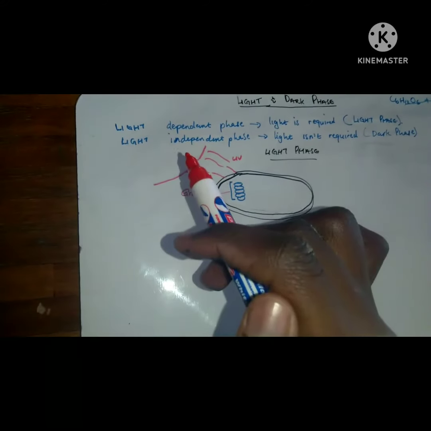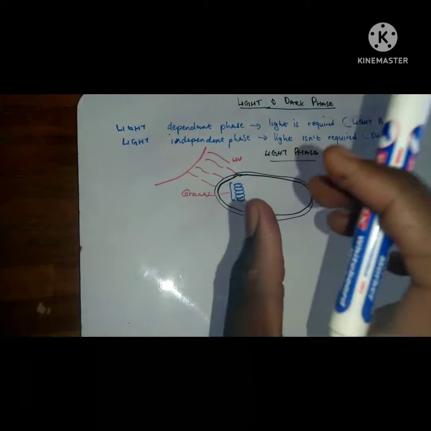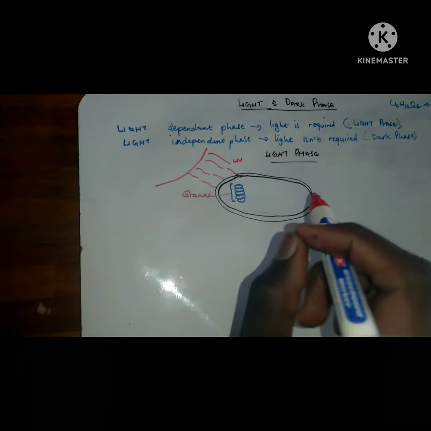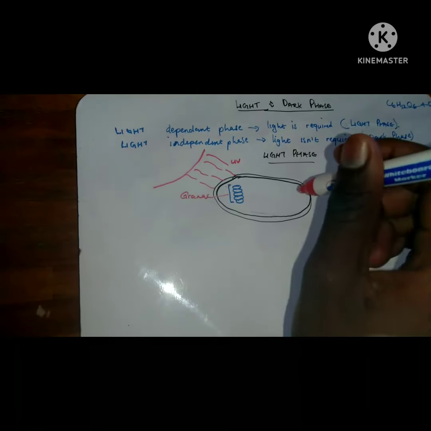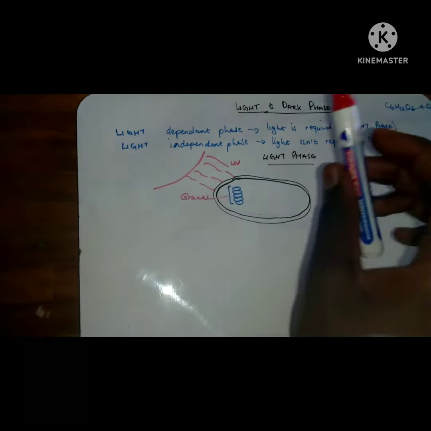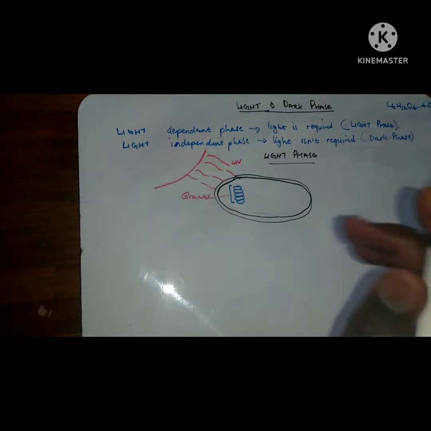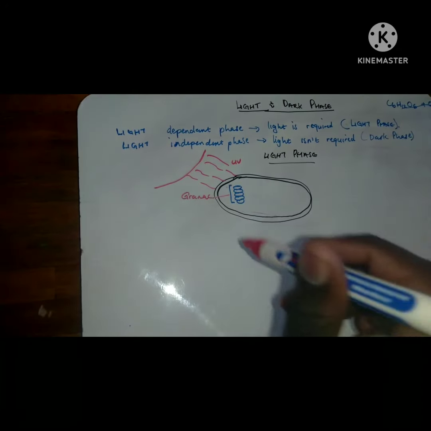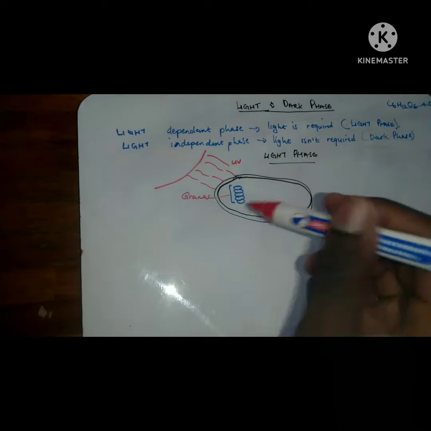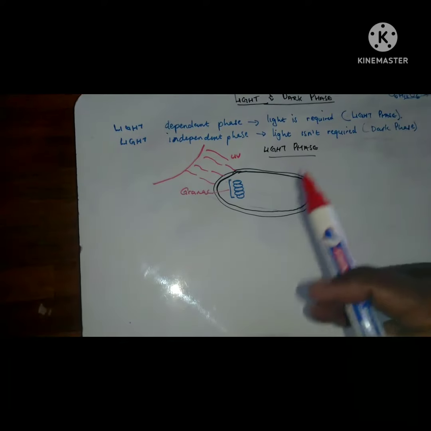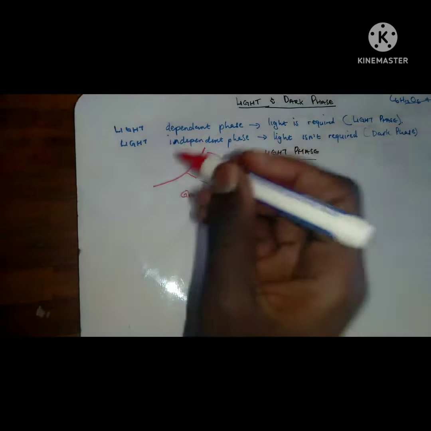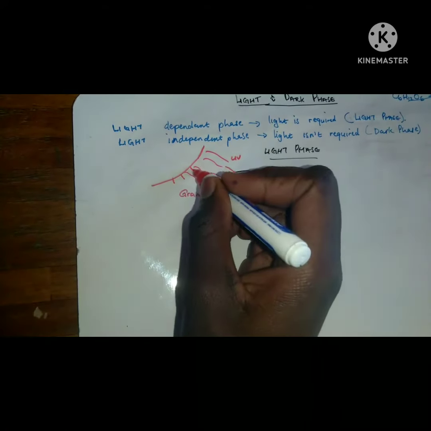So understand this. Whenever they ask you where photosynthesis takes place, you have to mention the leaf. But if they ask you exactly which organelle photosynthesis takes place in, you have to mention the chloroplast, because the chloroplast is a specific place whereby photosynthesis takes place.